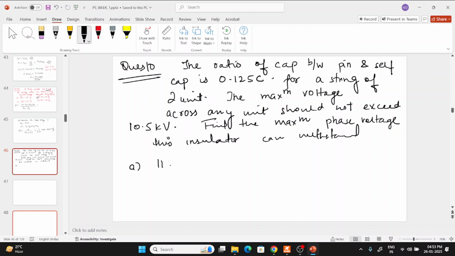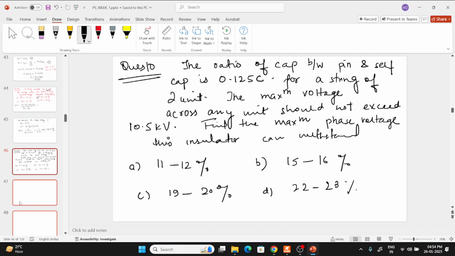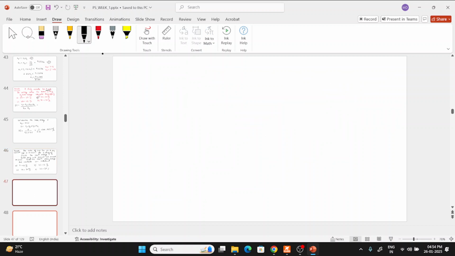A 11 to 12%, B 15 to 16%, C 19 to 20%, D 22 to 23%. तो आई विल सॉल्व इट फॉर यू.